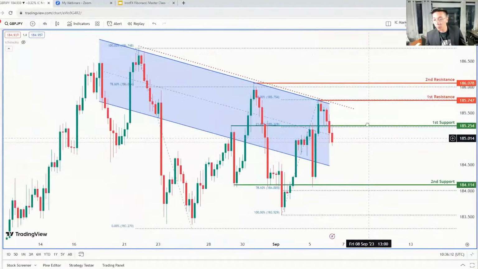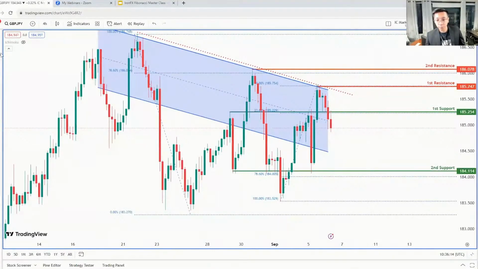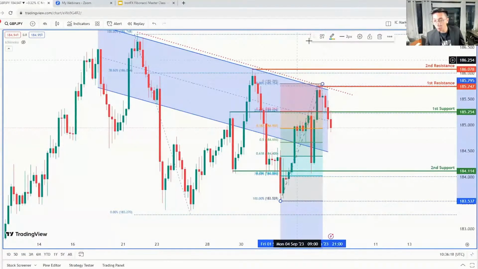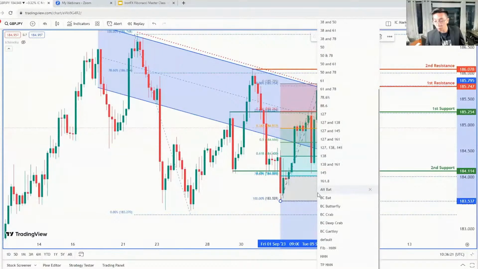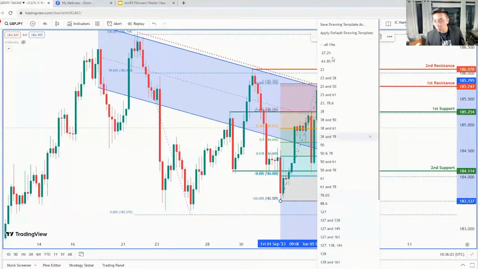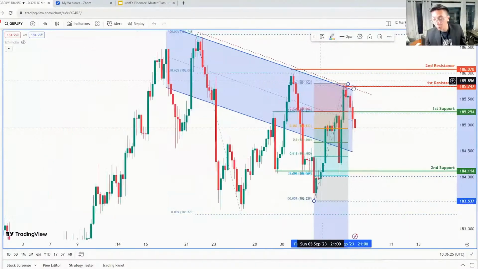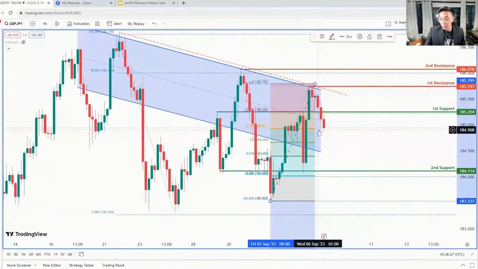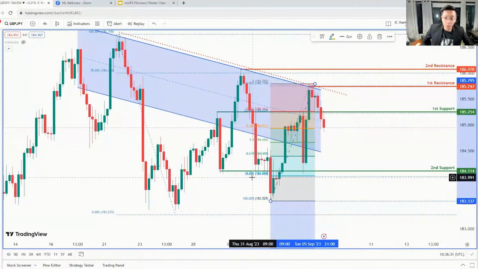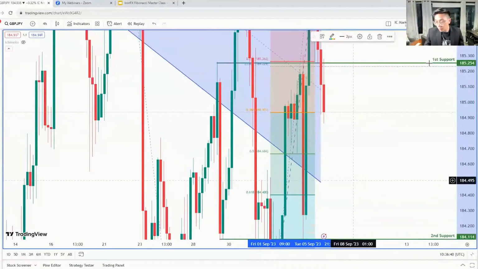Right, so we have a very nice shade over here. All right, so we can see previously price reacted off this 78.6% FIB retracement and 78.6% FIB projection, right? Not sure if you guys can see this.